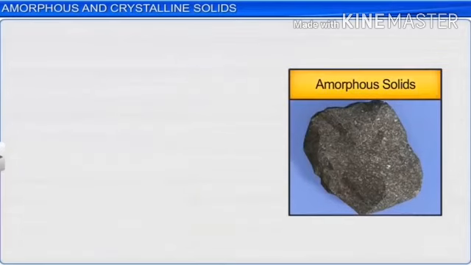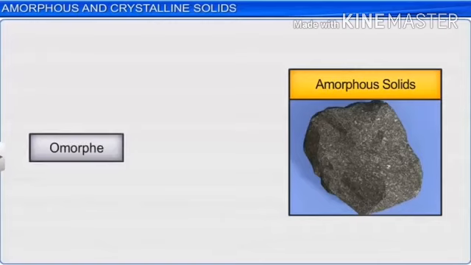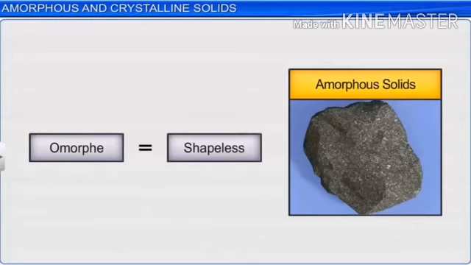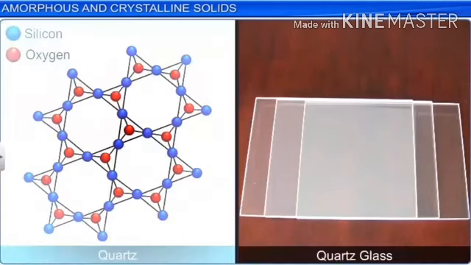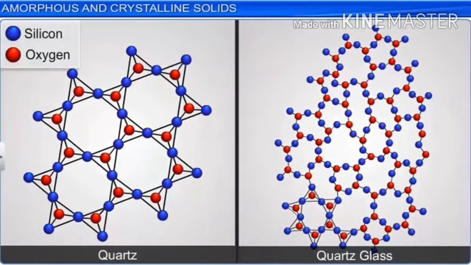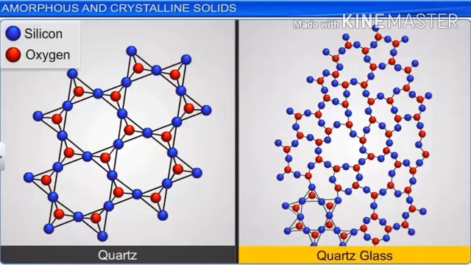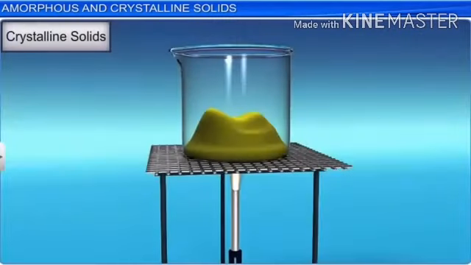Let us now discuss the next type of solid, that is amorphous solids. Amorphous is taken from the Greek word amorph, which means shapeless. Amorphous solids are those in which the constituent particles are not arranged in a perfectly ordered manner. They are randomly placed, so they don't have a definite geometry. We say that amorphous solids are of short range order.